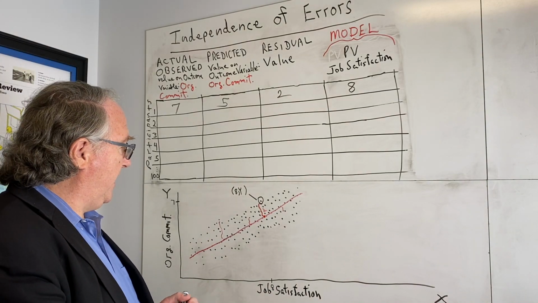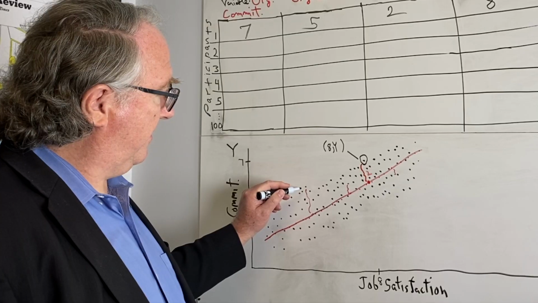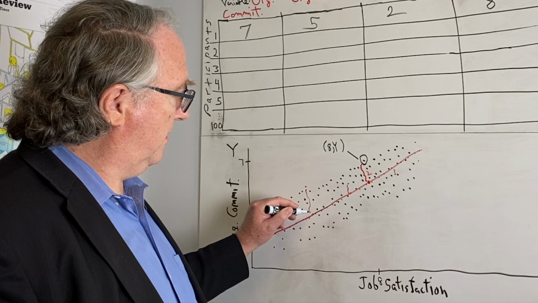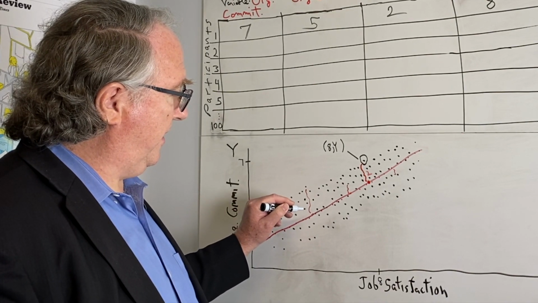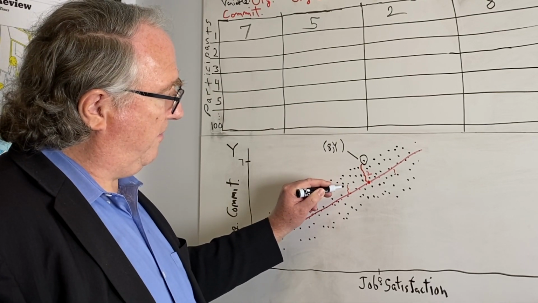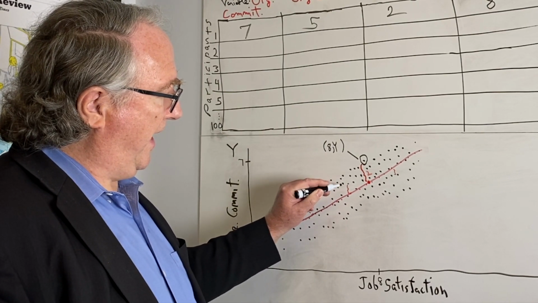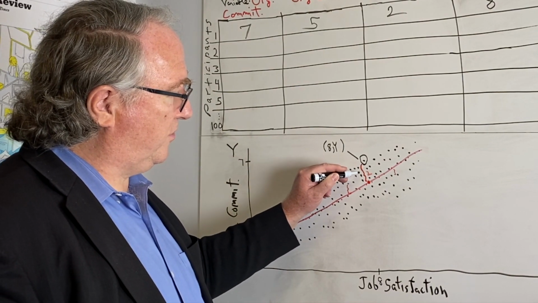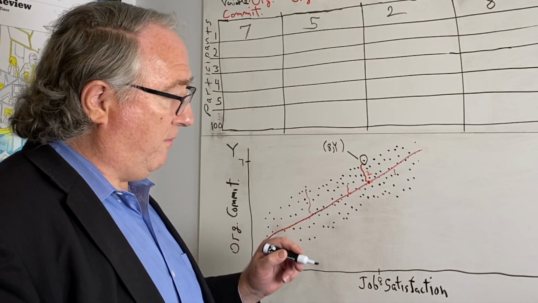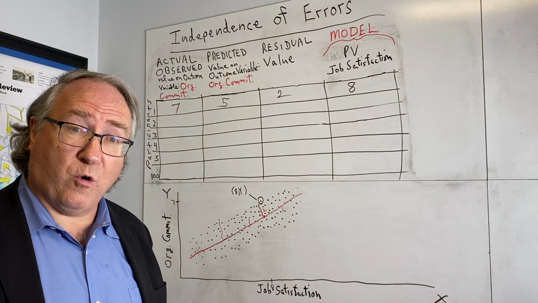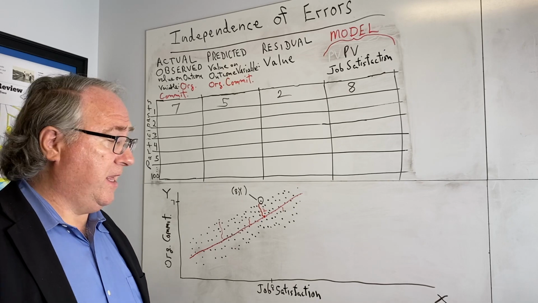And it is saying that, for example, this residual value is separate and independent from this residual value. And this residual value is separate and independent from this residual value. And when we say separate and independent, we mean uncorrelated with or independent of.